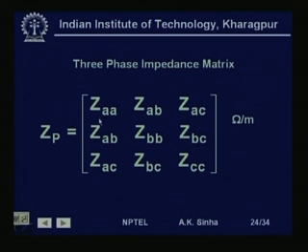Therefore, we will get now Zp, which will be a 3 by 3 matrix, as ZAA, ZAB, ZAC, ZAB or ZBA will be same, ZBB, ZBC and ZAC, ZBC, ZCC. So, this is now a 3 by 3 matrix from where we have eliminated the currents in the neutral conductors or the ground conductors.